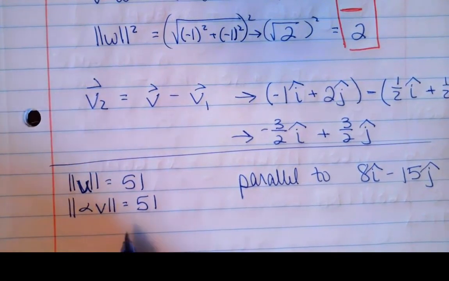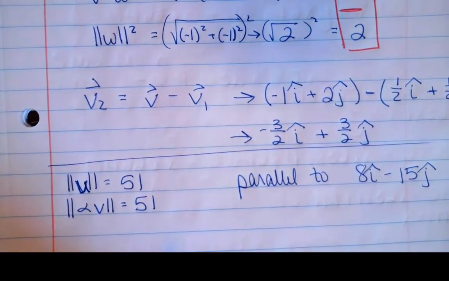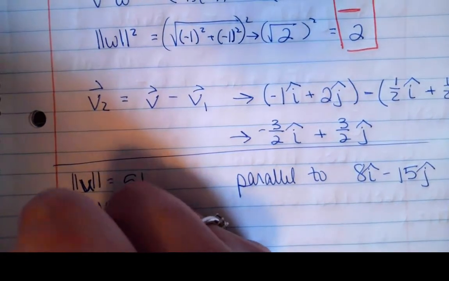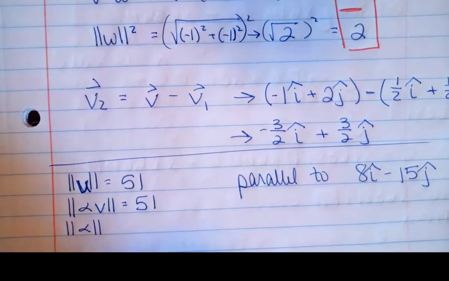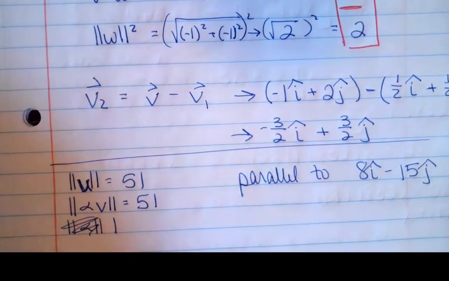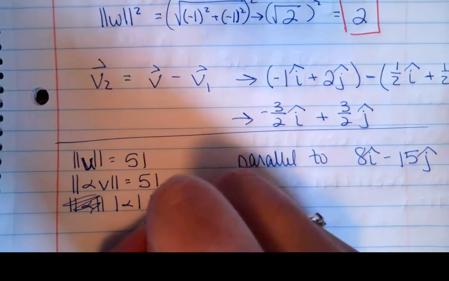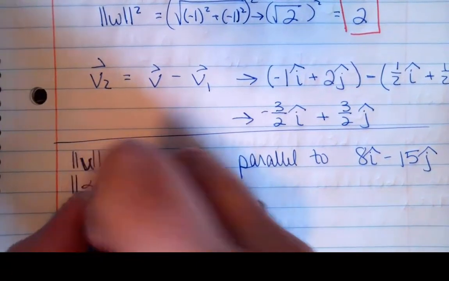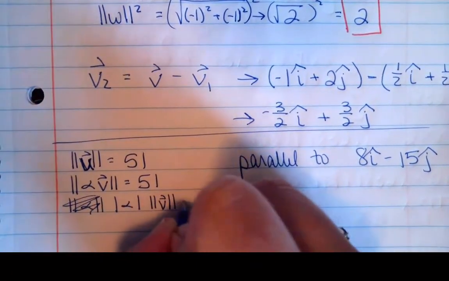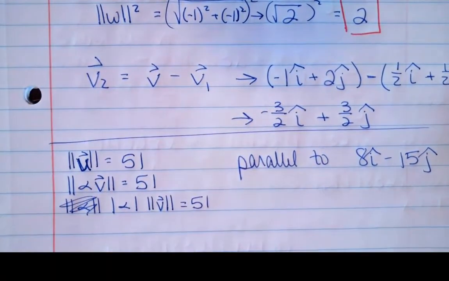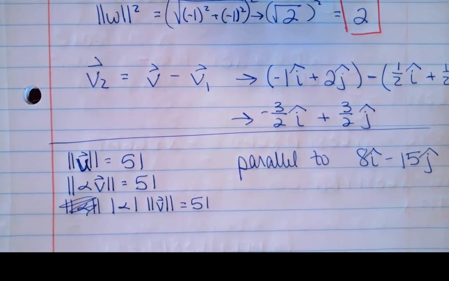Okay, so the magnitude of v, I'm working with v. And then I can take that out and say, the absolute value of alpha, because it's a multiple, times the magnitude of my vector needs to be 51.